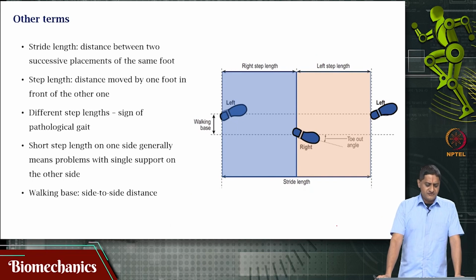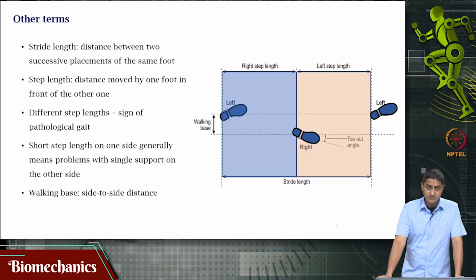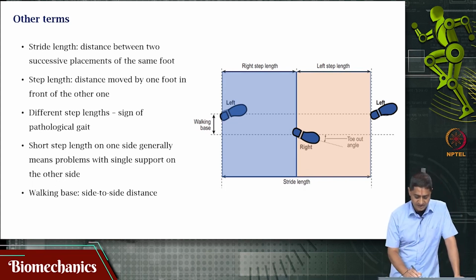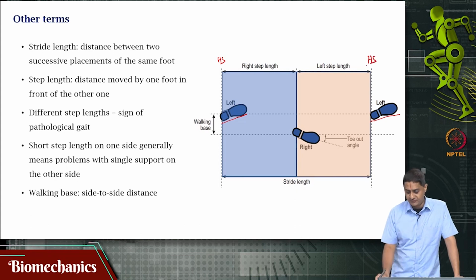Other things that are of interest are stride length, that is distance between two successive placements of the same foot. So, between one heel strike and the next heel strike of the same foot is called stride length. For example, here we are considering the left foot, and when the left foot again undergoes a heel strike, this is one heel strike, this is one heel strike for the left foot.